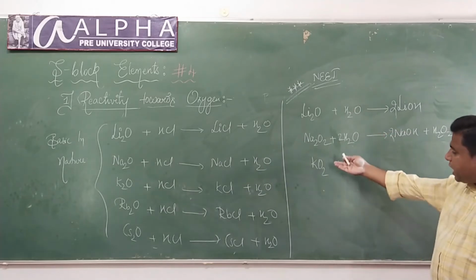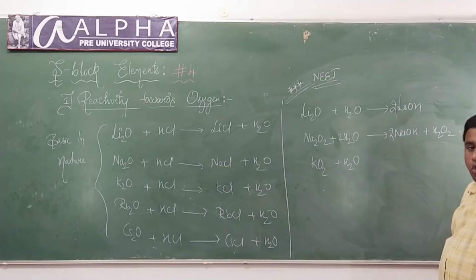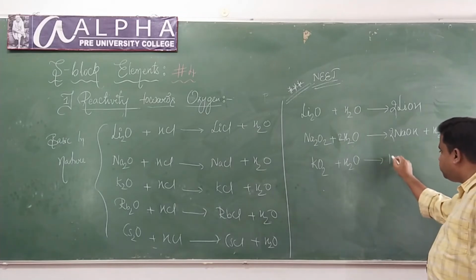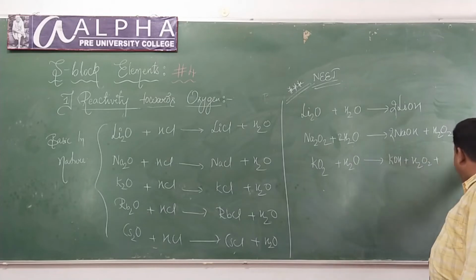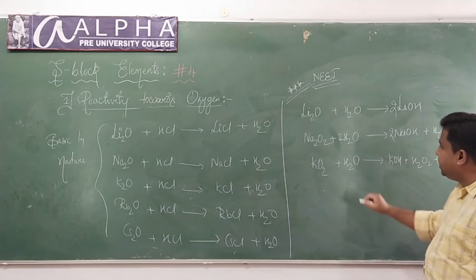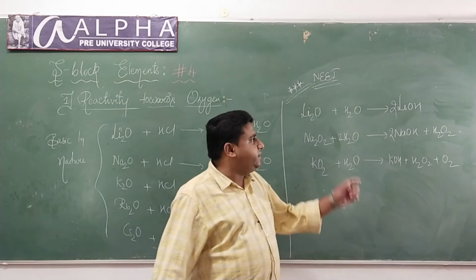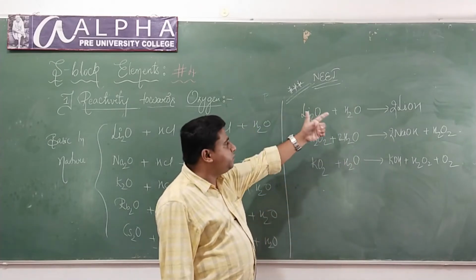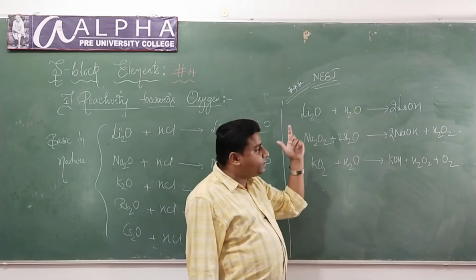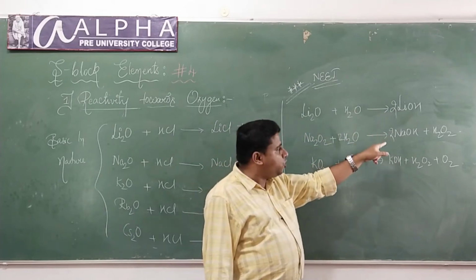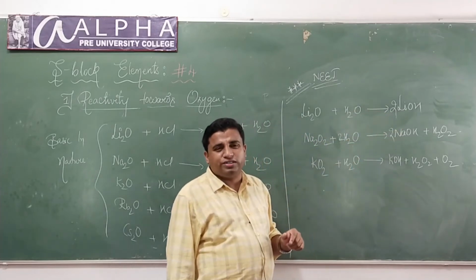When potassium superoxide reacts with water, see the product formed: it forms potassium hydroxide, hydrogen peroxide, and it liberates oxygen gas. See the difference here. When lithium normal oxide reacts with water, lithium hydroxide is formed. When sodium peroxide reacts with water, it forms sodium hydroxide and hydrogen peroxide.